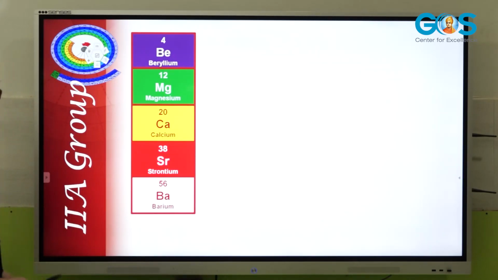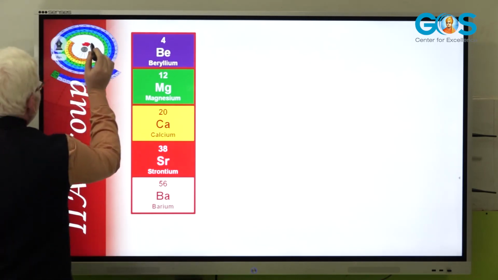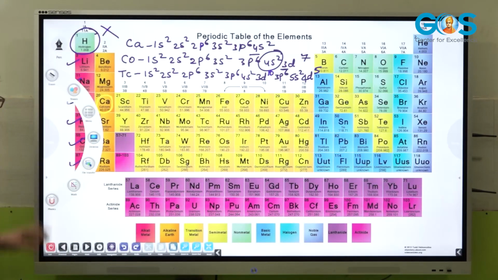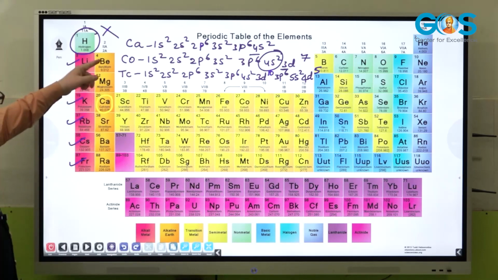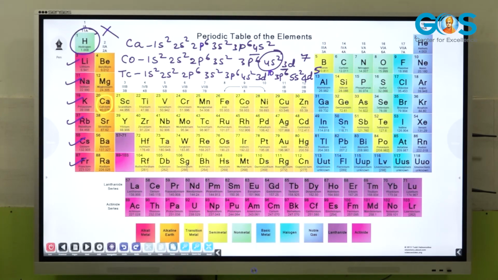If you observe the periodic table, beryllium, magnesium, calcium, strontium, barium and radium, all these elements come under 2A group elements.